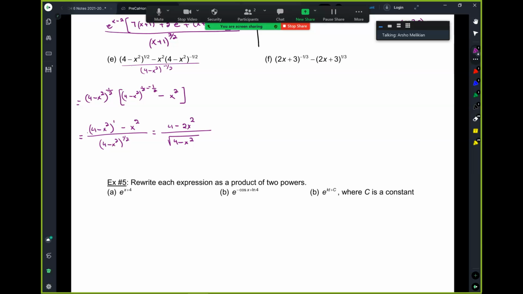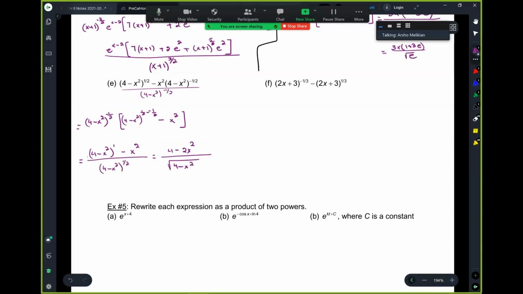All right. Next one. We're going to factor out 2x plus 3 to the negative 1/3.